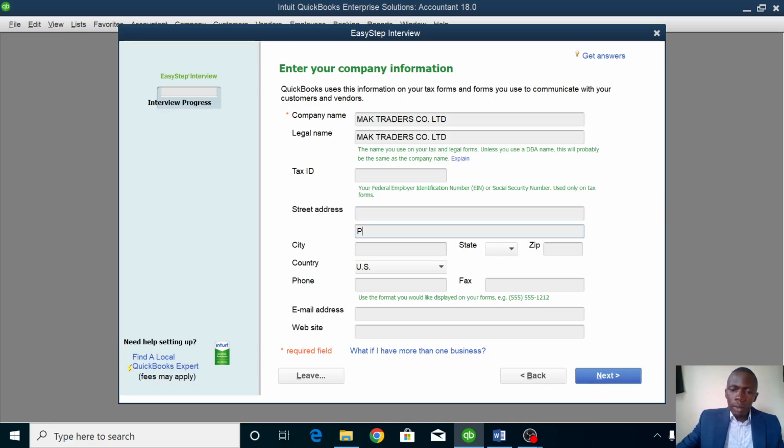We say PO box, C is 234, and the city is Mbarara.